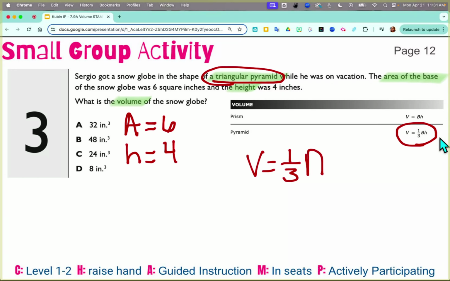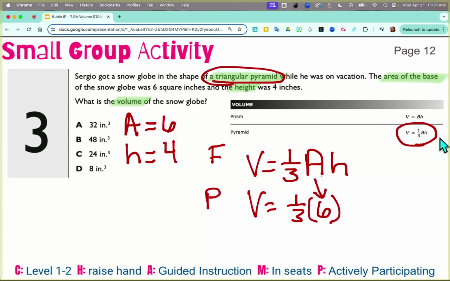1/3 area times height. And when we plug in our numbers, 1/3, the A for area is 6. I don't have to solve for it. They gave it to us. And the H is 4. So 6 times 4 is 24.